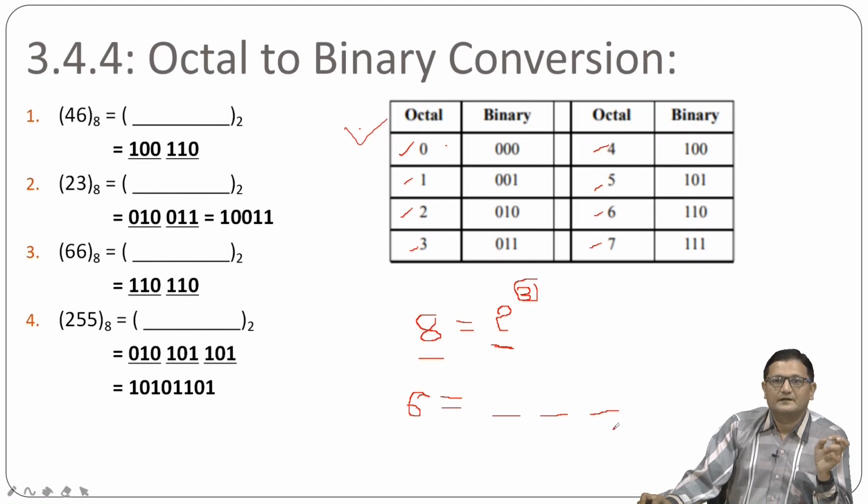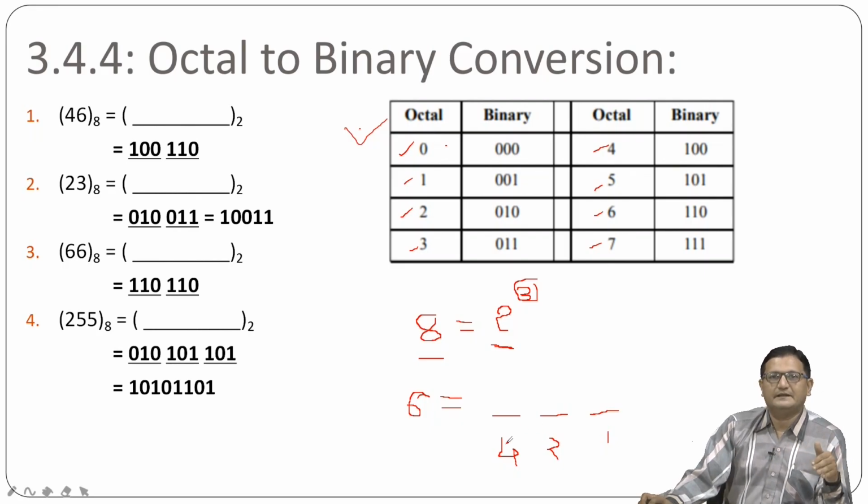Now here you consider 1, here you consider 2, and here you consider 4. So that's 2 raised to 0, 2 raised to 1, 2 raised to 2. So for every bit, you just have to write a double number, right?